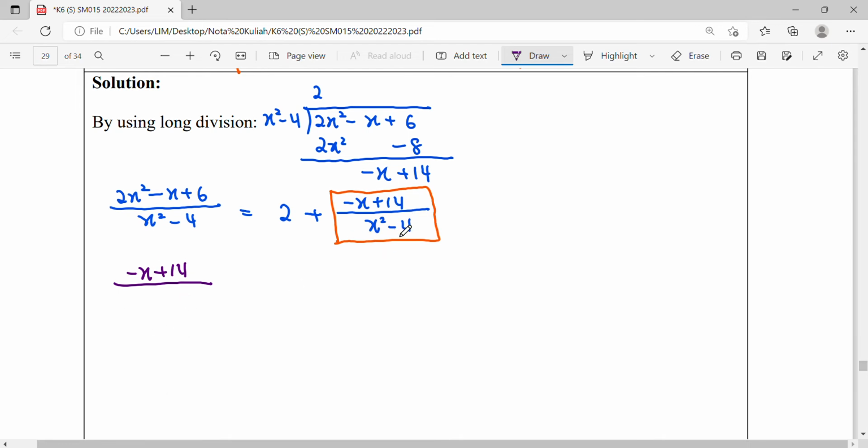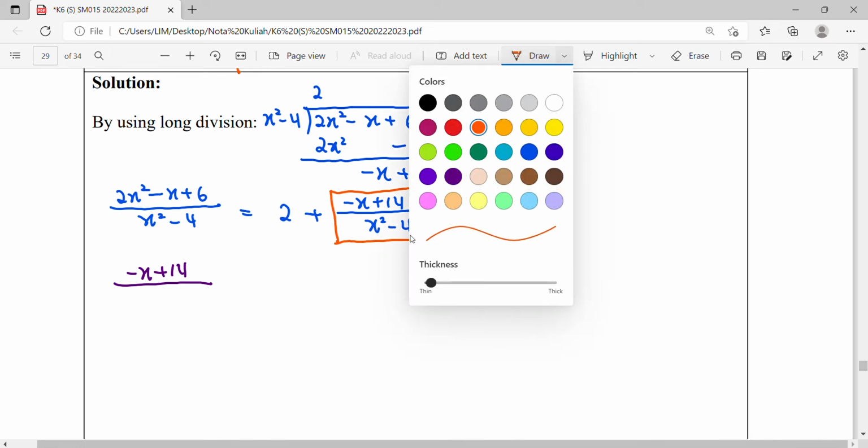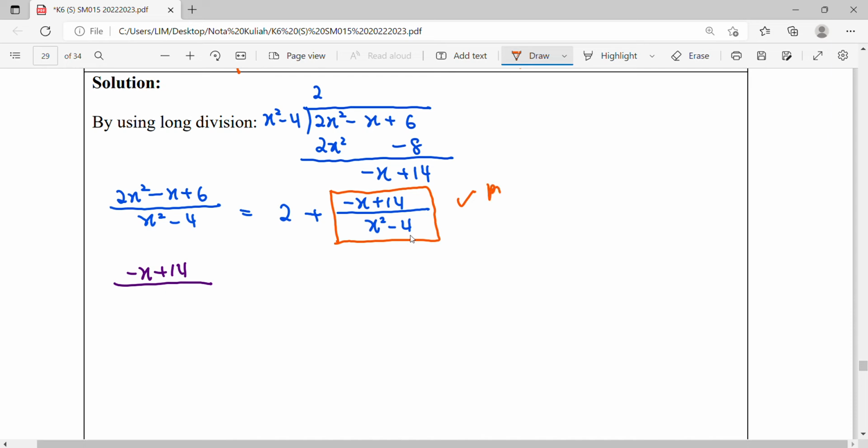Second, we have to make sure the divisor, or denominator here, is in complete factorization. X squared minus 4 can be factorized into x minus 2 and x plus 2.